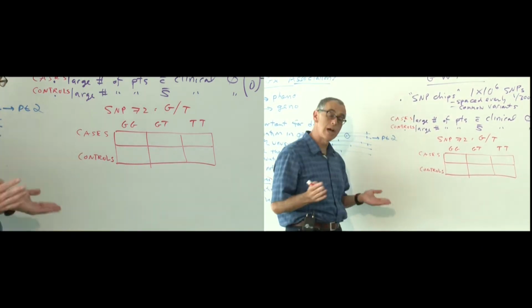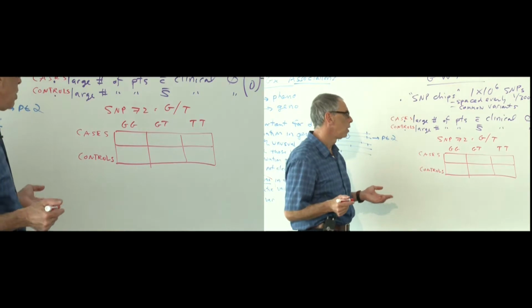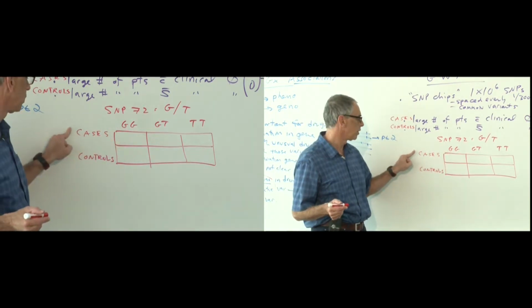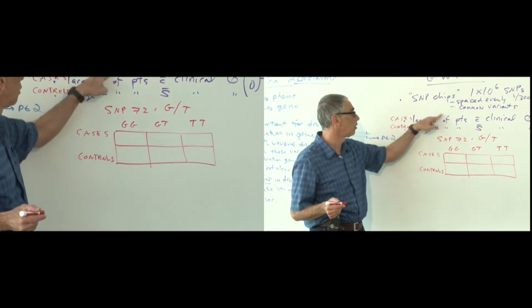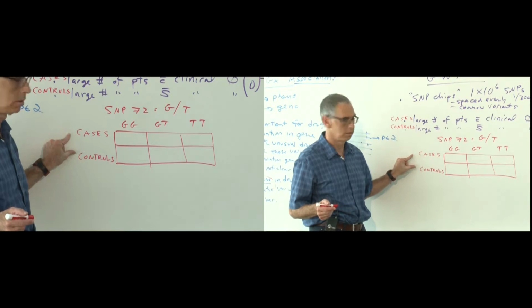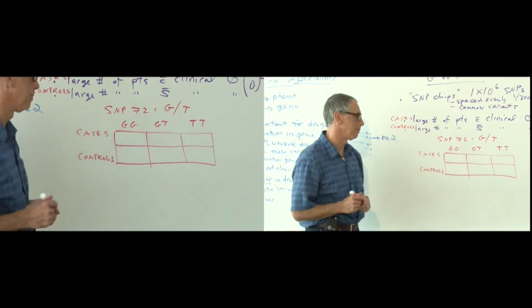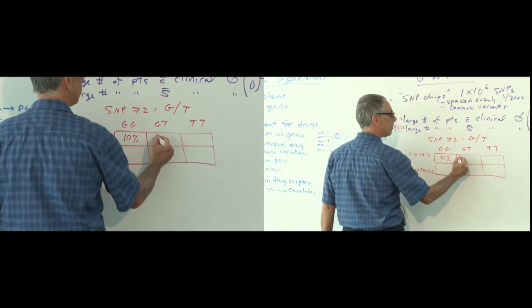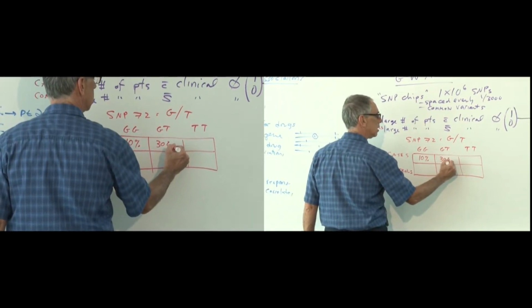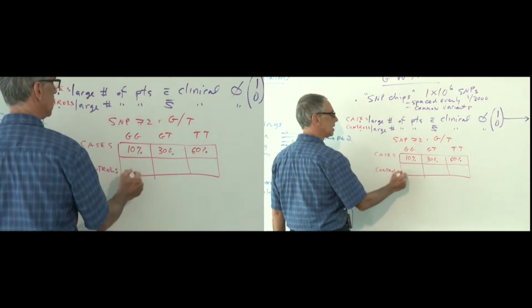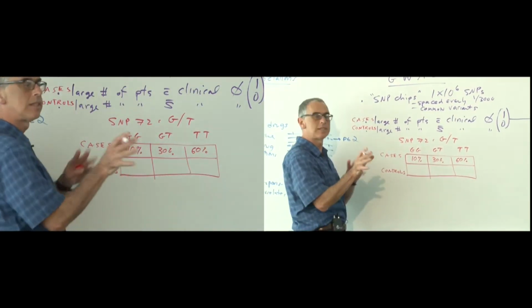Well, the most common case will be that this SNP has absolutely nothing to do with the genetics of the drug response, and therefore cases and controls will be indistinguishable based on this SNP, which means you might have 10% GG, 30% GT, and 60% TT in the cases. And then, there's going to be a little bit of statistical noise.